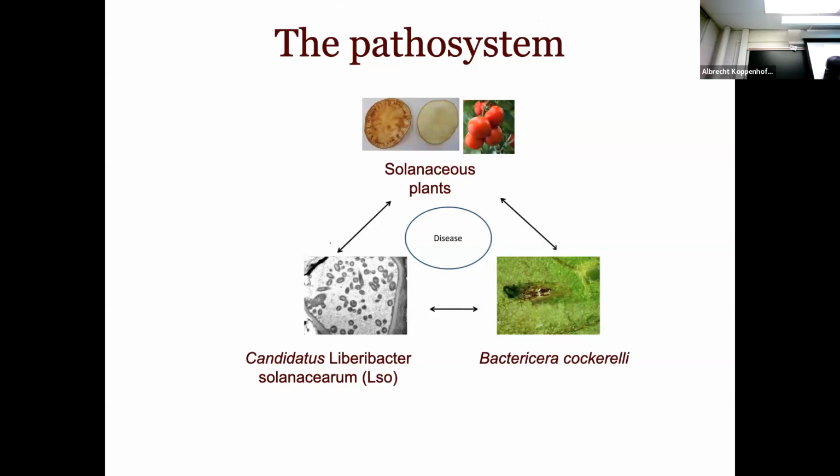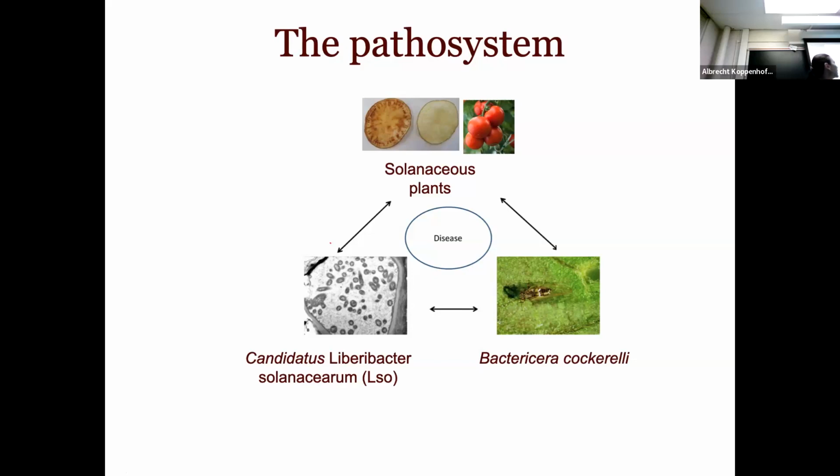In this disease triangle, if you have a susceptible plant, I'm going to point with the mouse for the people on Zoom, a competent vector, and a virulent pathogen, and obviously if the abiotic conditions are adapted, you may have a disease, okay? So we need the perfect storm for it to happen.